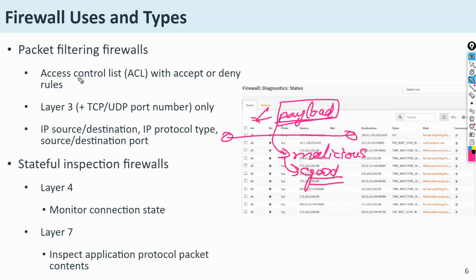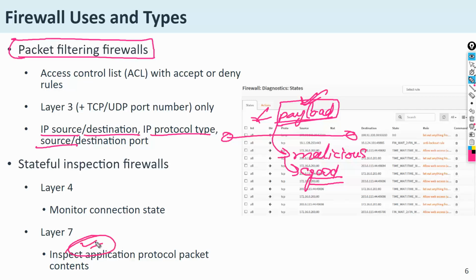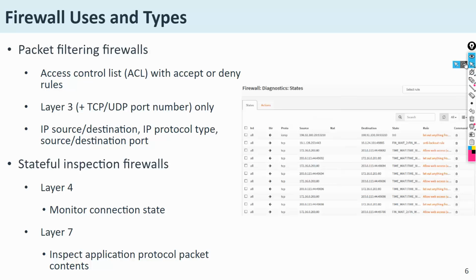But packet filtering does not inspect the payload; it inspects only the source and destination IP, protocol type and port number. Here, the application layer protocol or stateful inspection firewall will inspect the data that is coming inside your computer.